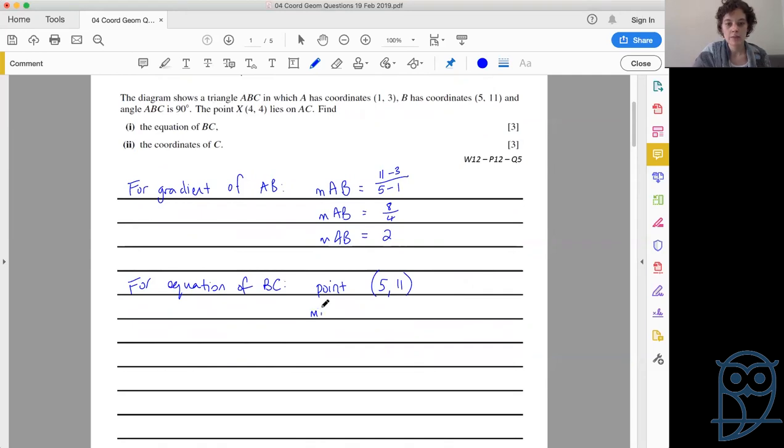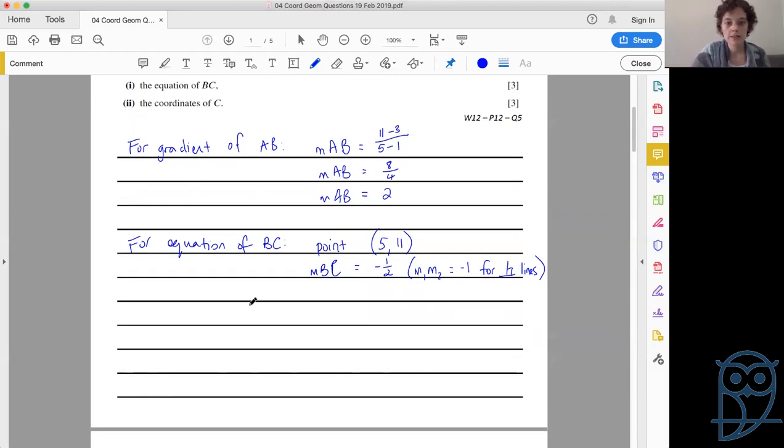And we have m_BC equals -1/2. And we don't just leave it at that. We write there m1 m2 equals -1 for perpendicular lines. Okay, so the idea is we're never just randomly doing anything. We're communicating our method the whole way through.